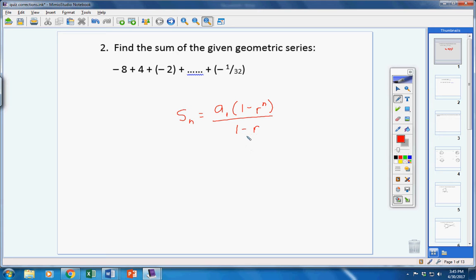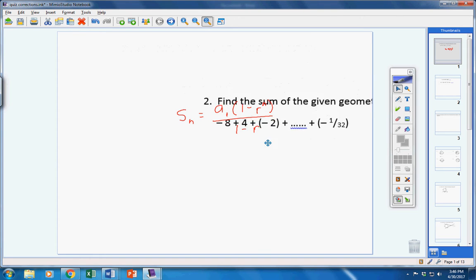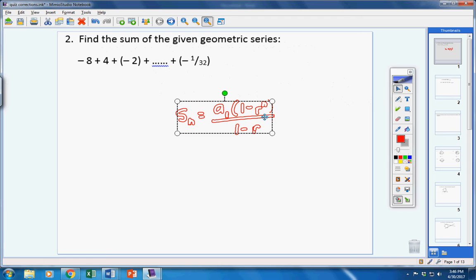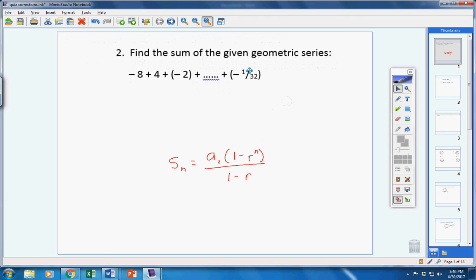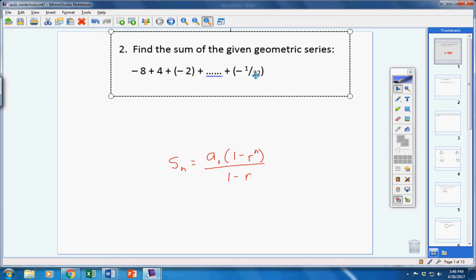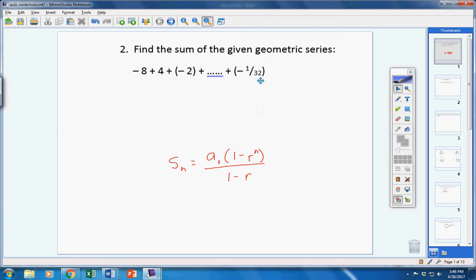Now, in order to use this formula, n stands for the number of terms. So I have to know how many terms I'm adding in this geometric series. Right now I don't know, because I just know my starting number is -8 and my last number is -1/32. So I've got to find out if this is my 6th term, 7th term, whatever term it is.